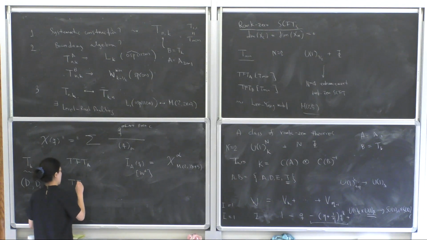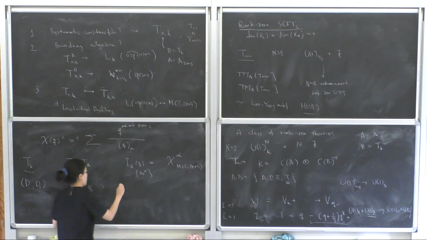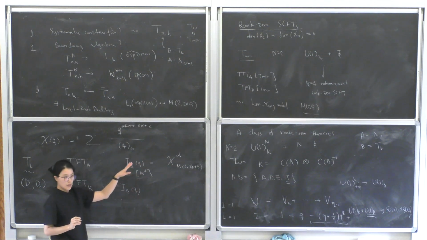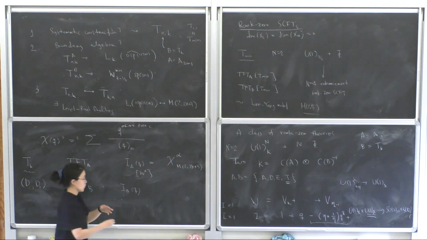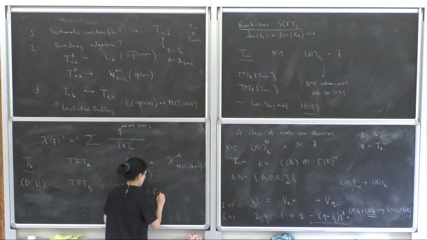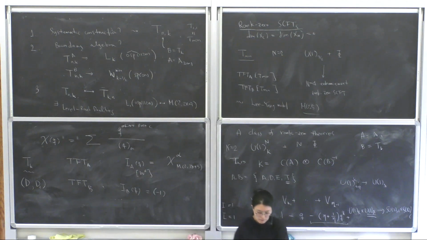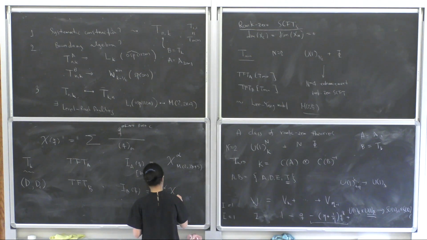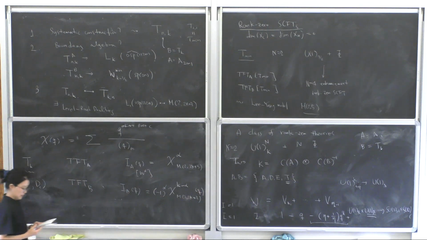For TFT_B, we obtain the same set of characters, but the order is all reversed, so that we have (-1)^alpha chi of M(2, 2K+3), but now the order is reversed like this.